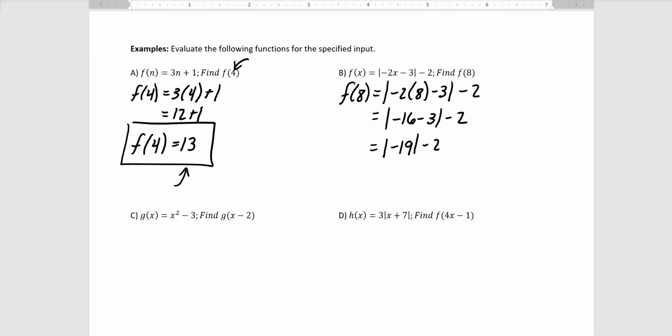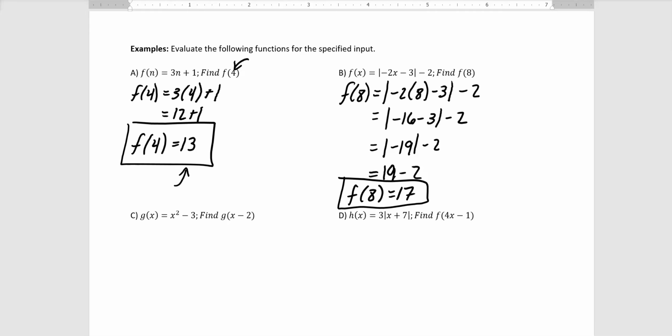Now, absolute value measures a number's distance from 0, and negative 19 is 19 units away from 0, so the absolute value of negative 19 is 19. 19 minus 2 is 17, so f of 8 equals 17, and that would be my answer for that one.